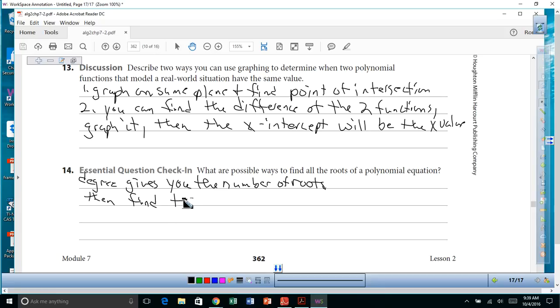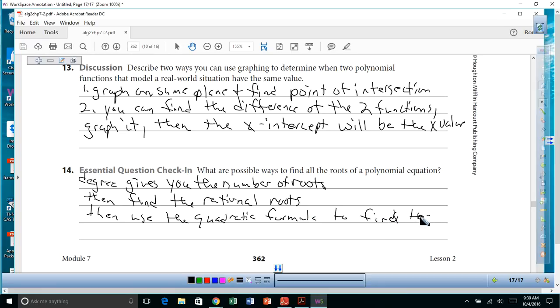And if they don't add up to the degree, then use the quadratic formula to find the irrational and or complex roots.